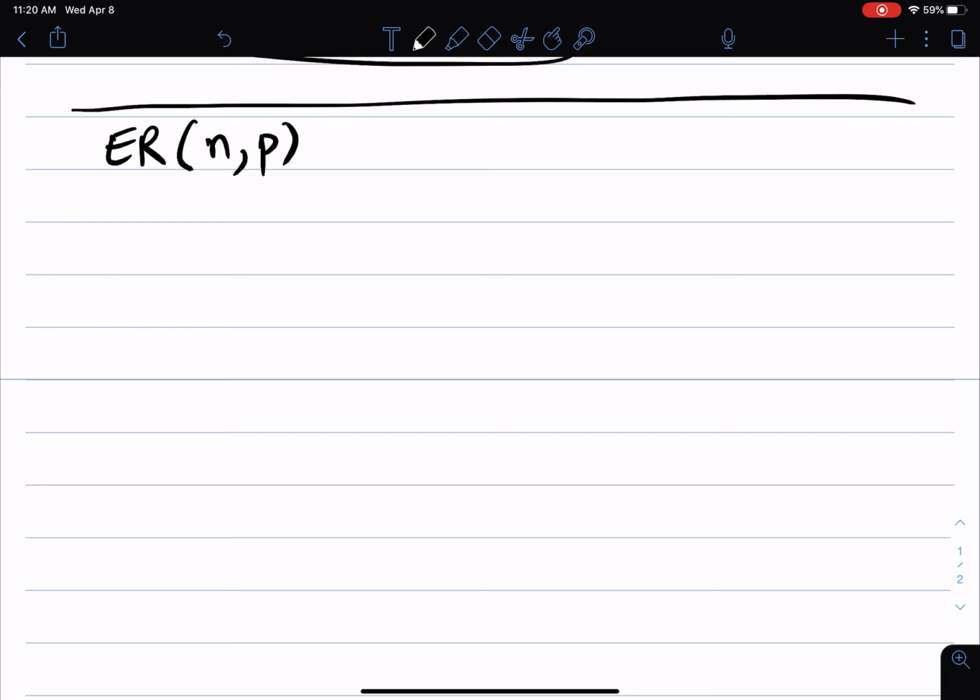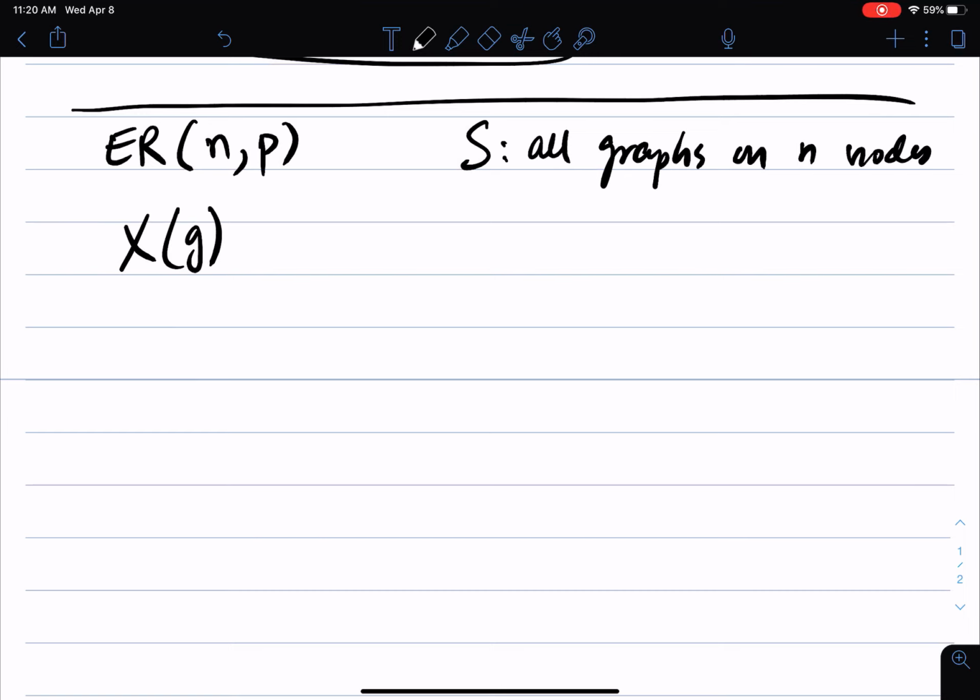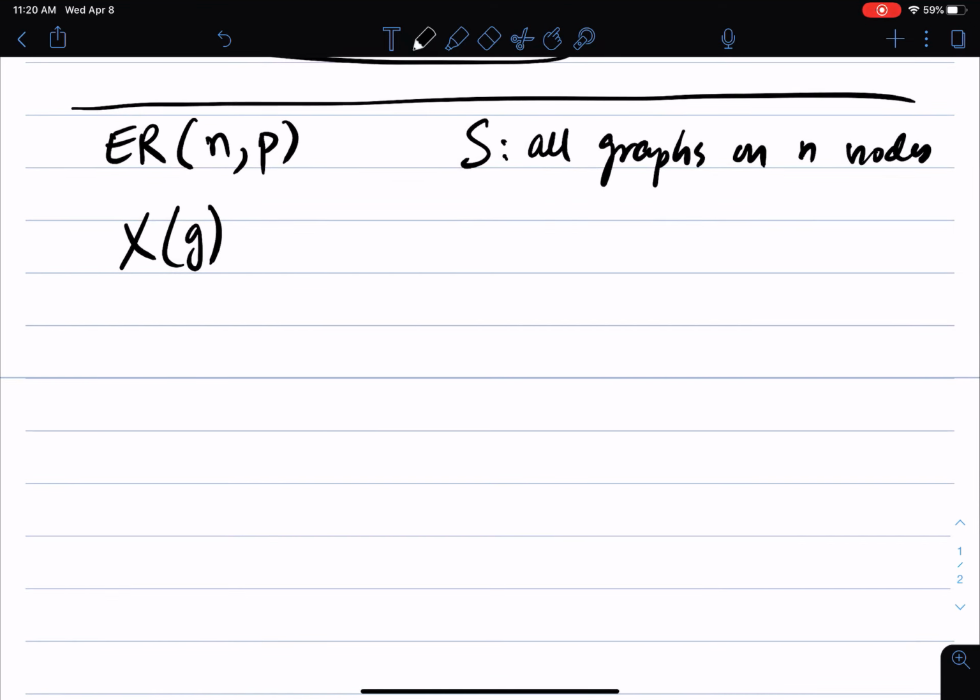The sample space, remember, is the set of all graphs on n nodes. And I can define the random variable x for G, where G is a graph in S, as the number of edges.